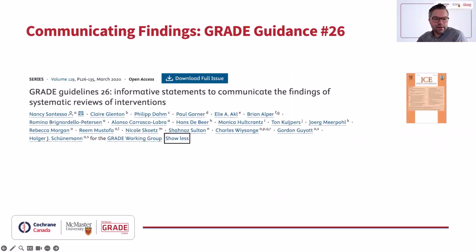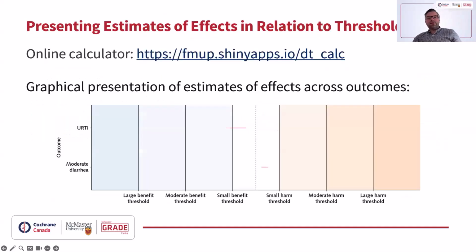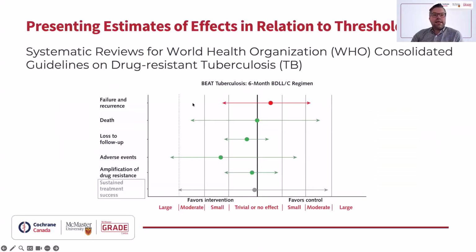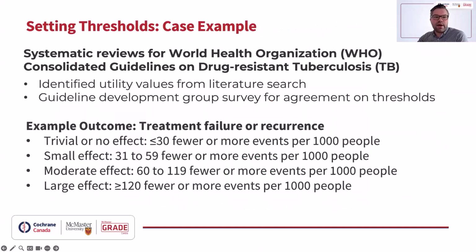Oh, sorry, I'm going to go back here because this was quite a few slides ago. Here. So both here and here. So here, each of these thresholds, that's why there's no values here, is a different absolute effect. While for treatment failure it was 30 going from trivial to small effect.